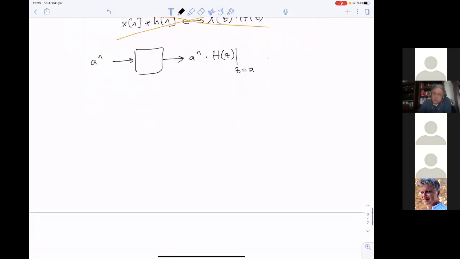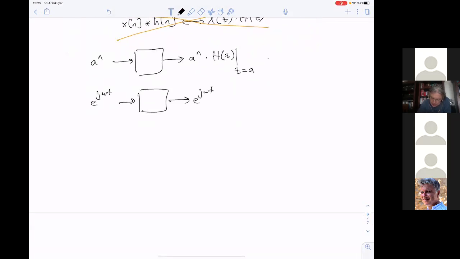This situation was also valid in continuous time. If e to the j omega t goes in, you remember that the output is also e to the j omega t times h of j omega at omega is equal to, let's call this omega 1. So these are equivalent things.